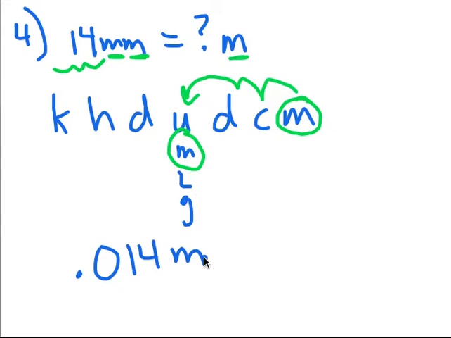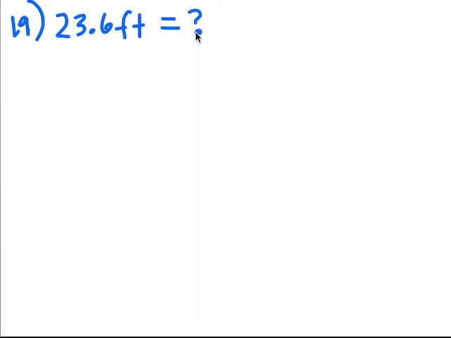And I'd like to do one more with you. Flip your paper open to number 19. Okay. So if you look at number 19, it says 23.6 feet equals how many centimeters?